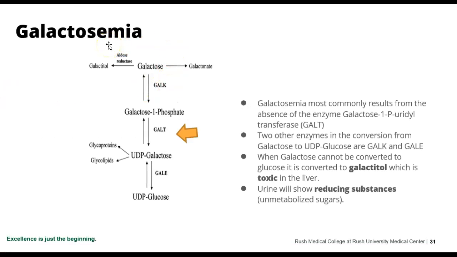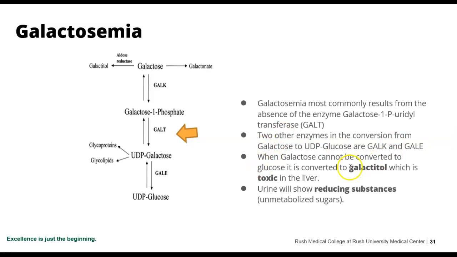So galactosemia is a sugar metabolism problem, and galactose is not really usable by our body, so we have to convert it to glucose, and we do it through a series of 3 enzymes that go from galactose to glucose: GALK, GALT, and GALE. GALT is the most common, which stands for galactose-1-phosphate uridyltransferase.